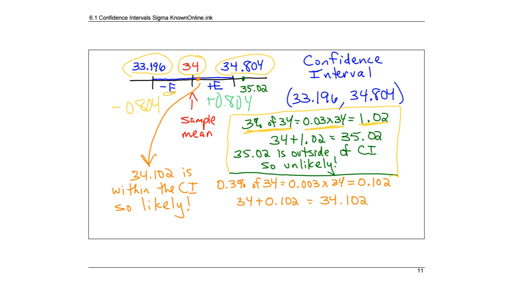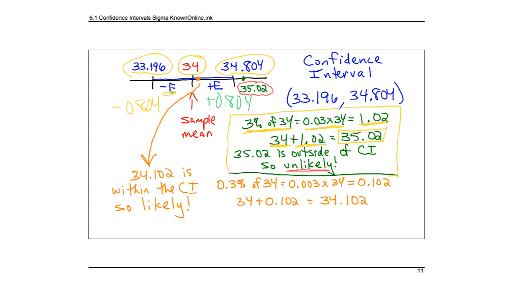We're going to add that back to the sample mean. In other words, if we take the sample mean plus another 3%, we would get to 35.02. Well, let's take a look. Does 35.02 lie inside my confidence interval? No, it's over here, right? It is right here. And so it's outside of my confidence interval. Because it's outside of my confidence interval, it is not likely that that's where the population mean would lie.